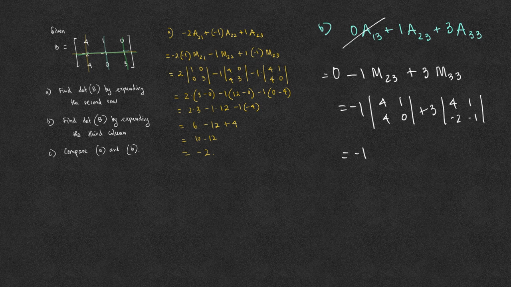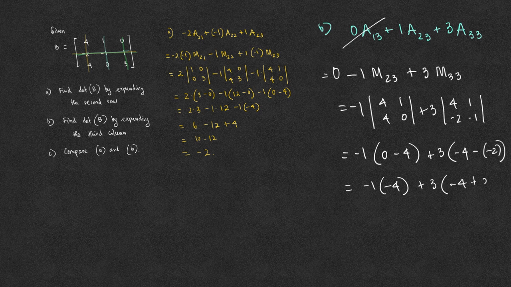This is negative 1 times 4 times 0, which is 0, minus 4 times 1, which is 4, plus 3 times 4 times negative 1, which is negative 4, minus 1 times negative 2, which is negative 2. And so this is negative 1 times negative 4 plus 3 times negative 4 plus 2. This is 4 plus 3 times negative 2, or 4 minus 6, or negative 2.